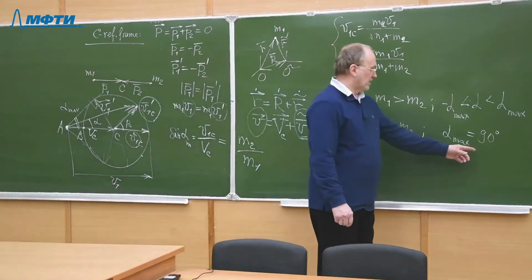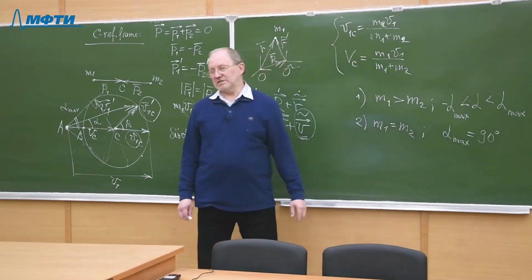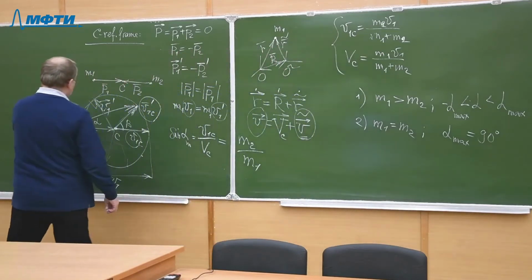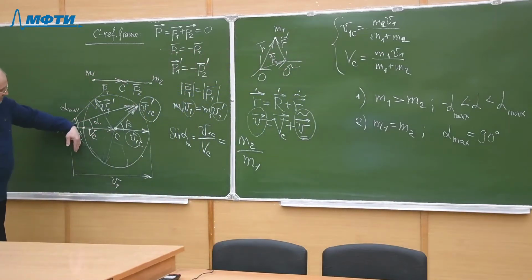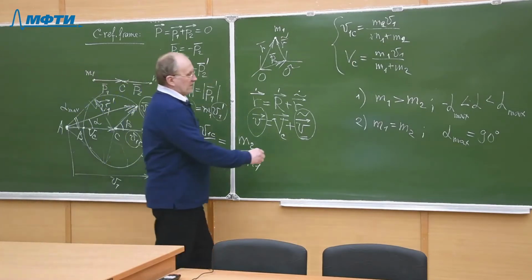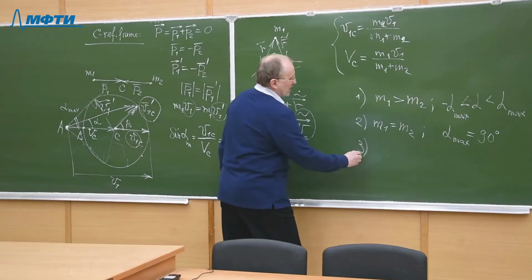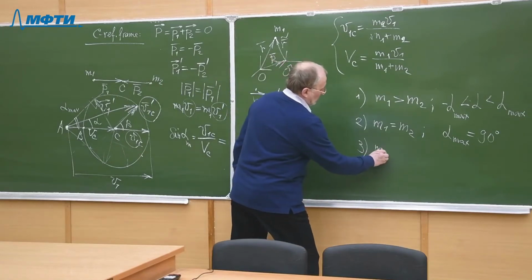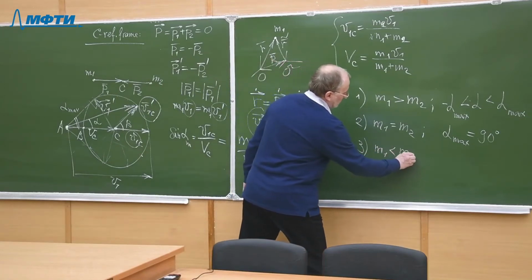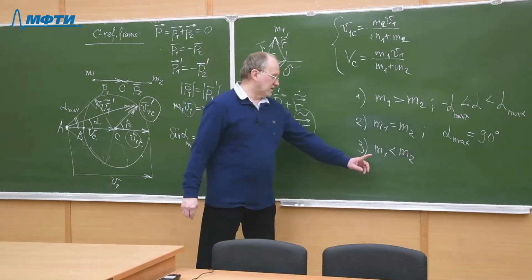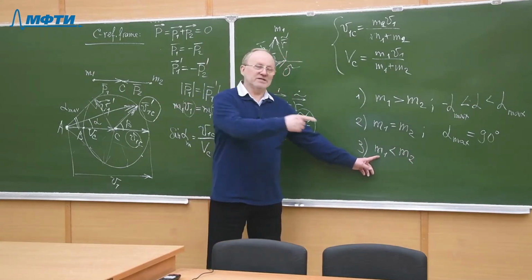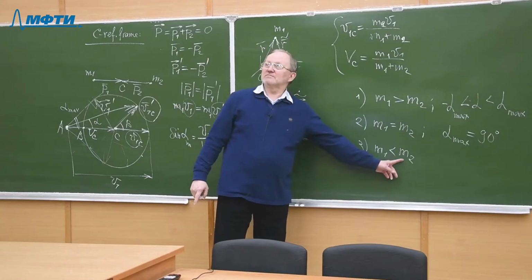Maximum angle will be plus minus 90 degrees. And the actual angle of deflection will be between minus 90 degrees and plus 90 degrees. And there is another interesting situation when m1 is less than m2. That is, a light bombarding particle collides with a heavy particle.